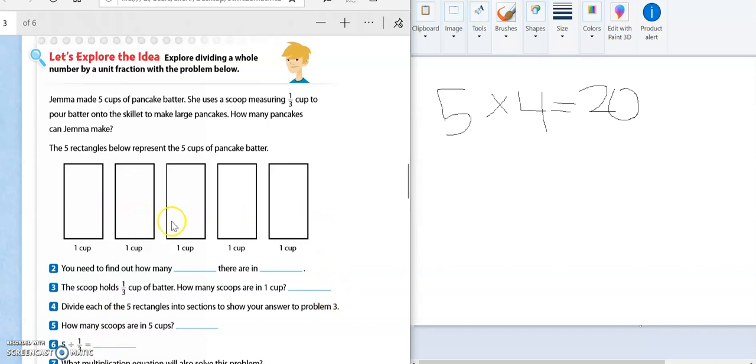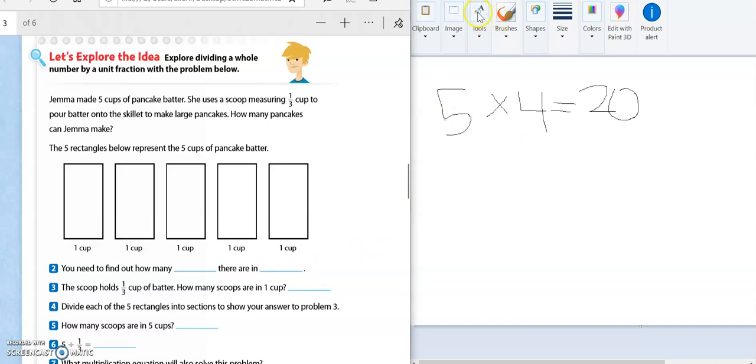So we have 1, 2, 3, 4, 5 total cups of pancake batter. So it says you need to find out how many blank there are in blank. So she's using 1/3 of a cup. So we need to find out how many 1/3 of a cup there are in 5 total cups.